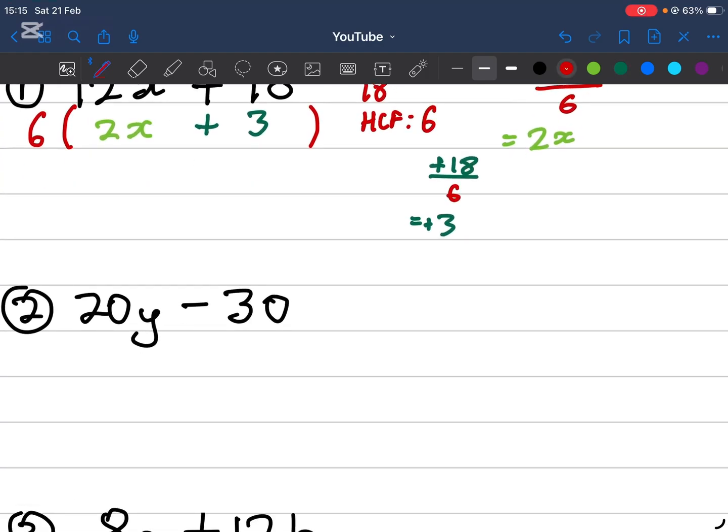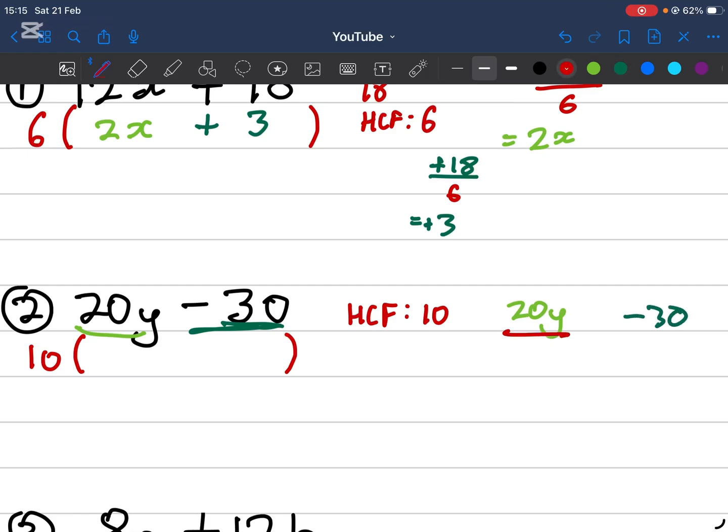In this case, between 20 and 30, the highest common factor will be 10. So we put a 10, open bracket and close bracket. Then we take 20y and negative 30 and divide both by our highest common factor. 20y divided by 10, 20 divided by 10 gives you 2, and there's nothing to cancel the y, so we just have 2y.